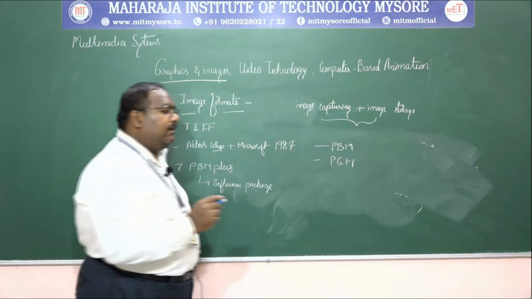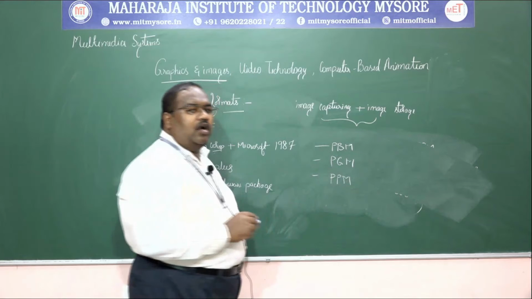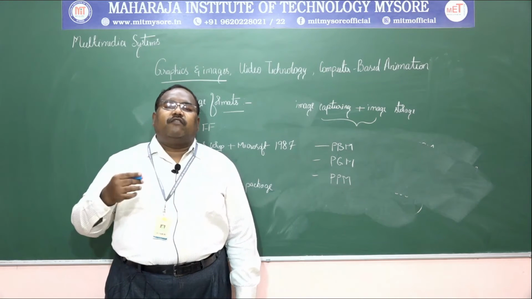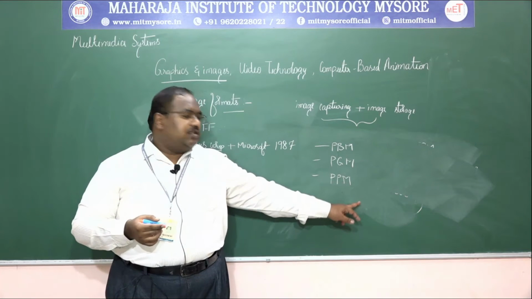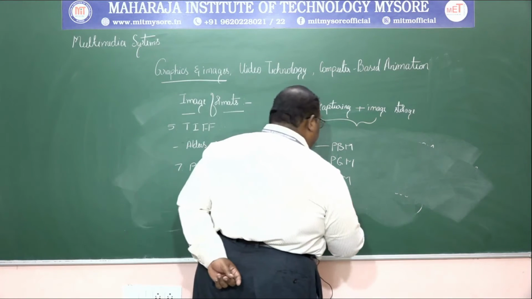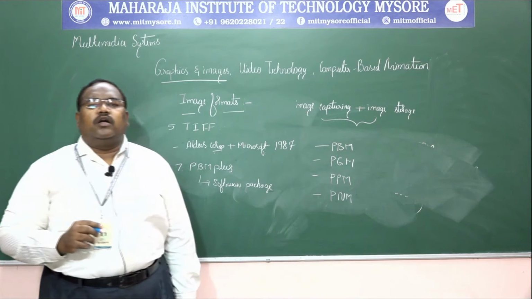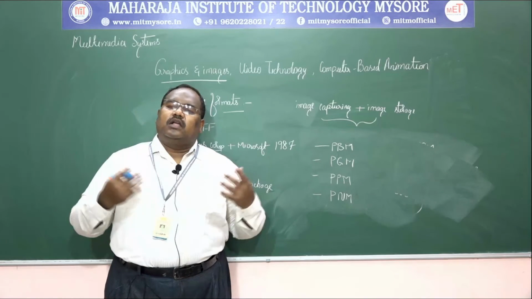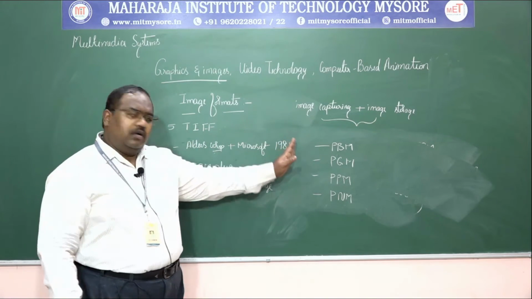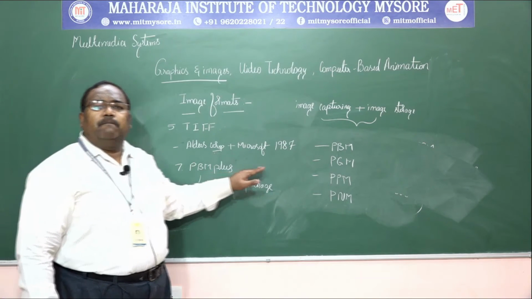Then is PPM, called the portable pixmap. A true color format for independent manipulation of images is associated with that. And finally, we have PNM, portable any map for images. So these are the 4 main versions of PBM Plus, portable bitmap plus images.